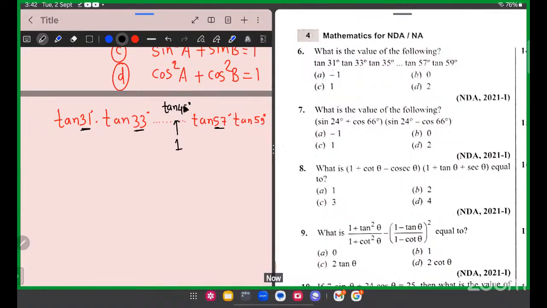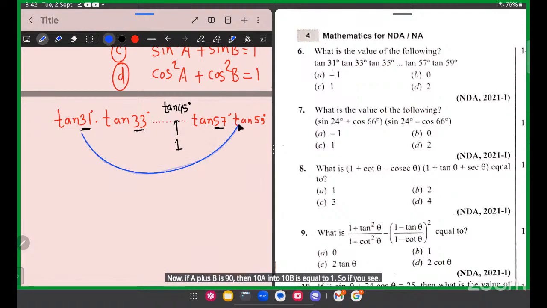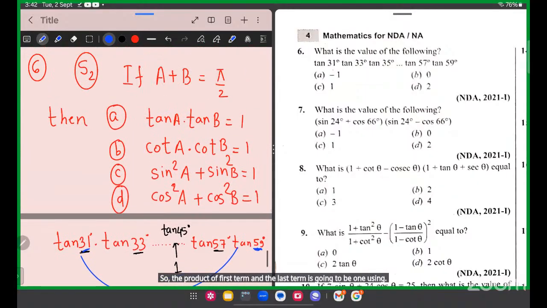Now, if A plus B is 90, then tan A into tan B is equal to 1. So if you observe the angles of the first term and the last term, here we have got 31 and 59. If you add both of them, we are getting 90, right? So the product of the first term and the last term is going to be 1 using the above shortcut. Similarly, 33 and 57.